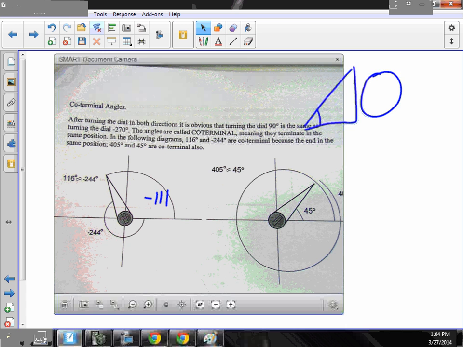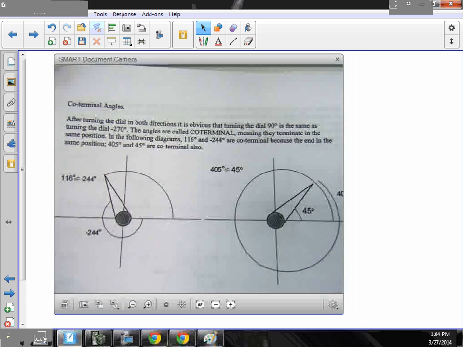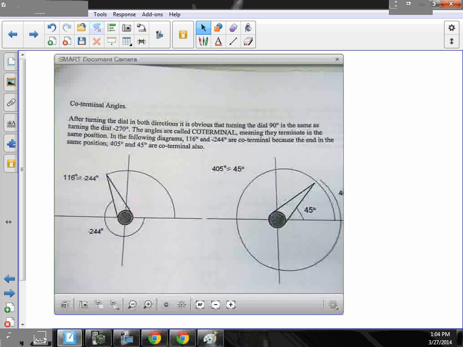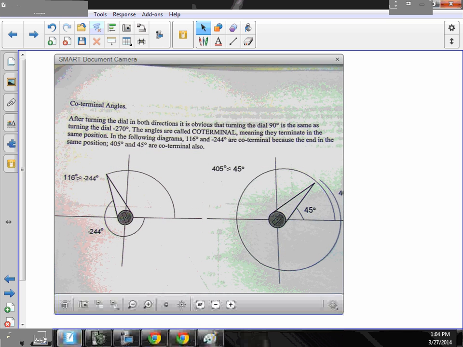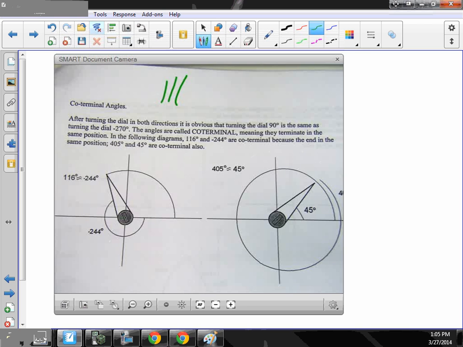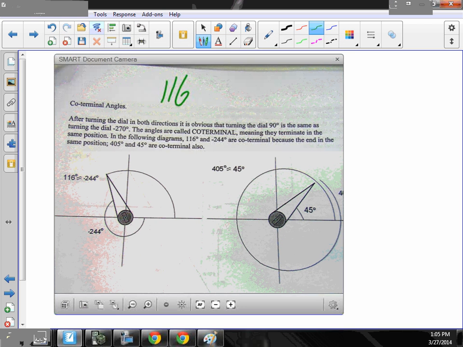Okay. So I'm looking at this coterminal angle 116 with negative 244. If I have the angle 116, how do I create a coterminal angle? Let's say that my coterminal angle needed to be negative. Subtract 360.